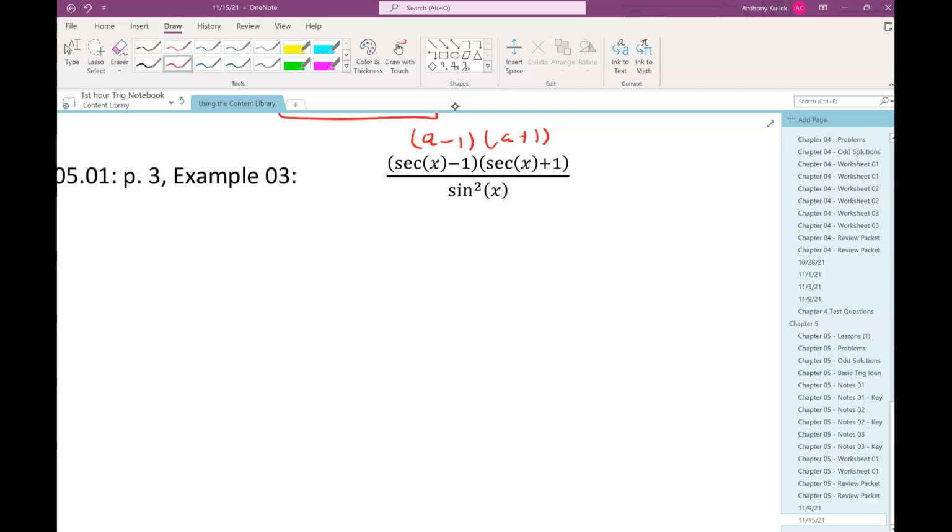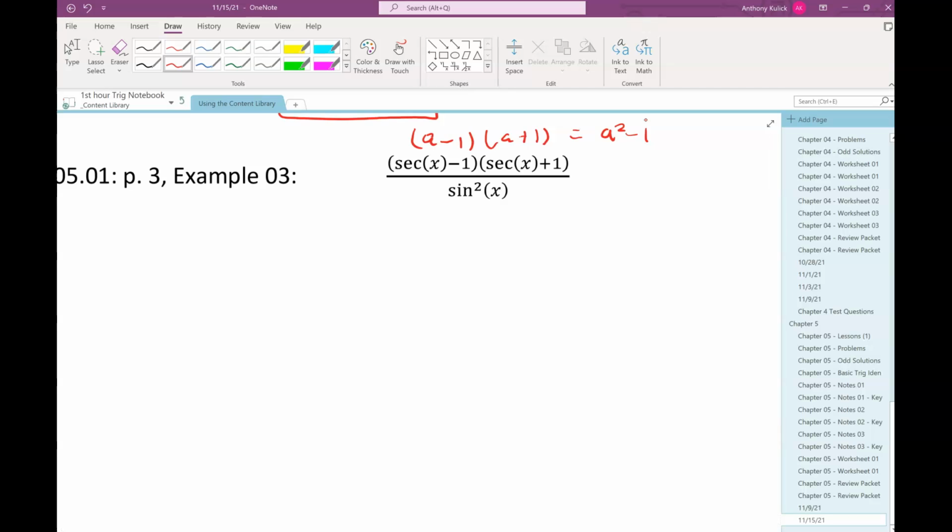Jane? Yeah, we could FOIL that out as a difference of 2 squares, right? When I multiply that out, what would I get? It just turns into a squared minus 1, right?